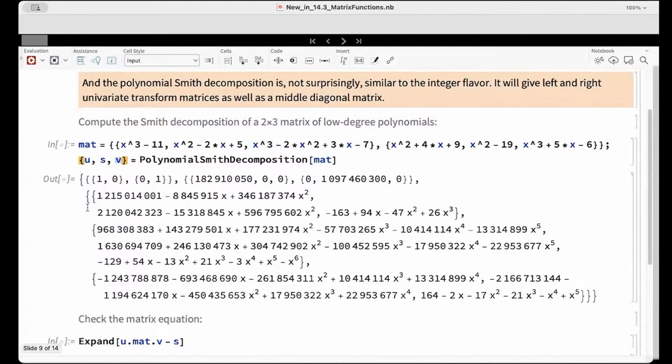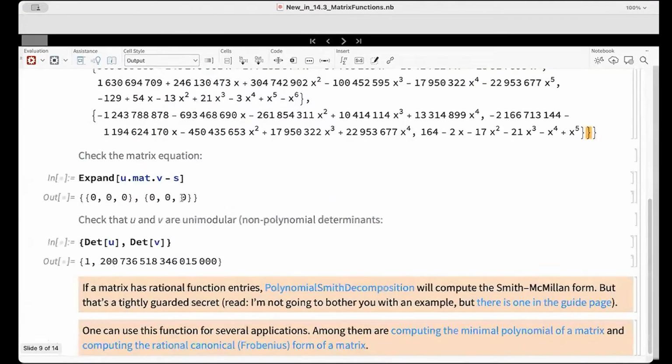And the middle matrix S here is the diagonalized form, and you'll notice that it actually is just constants, and that's fairly typical. It doesn't always happen that way, but that's a common enough case. And so this is a really convenient form. And again, we stay with just polynomials. There are no fractions, no rational functions. Okay.